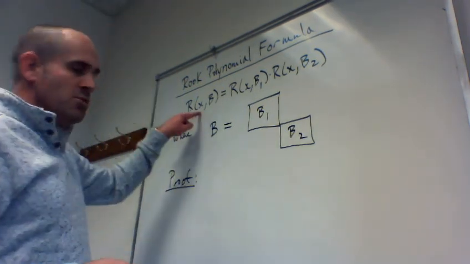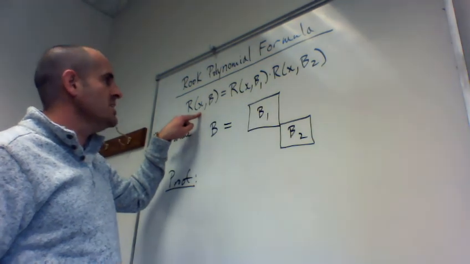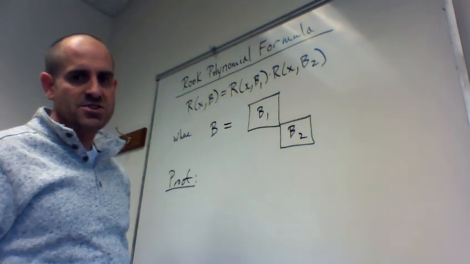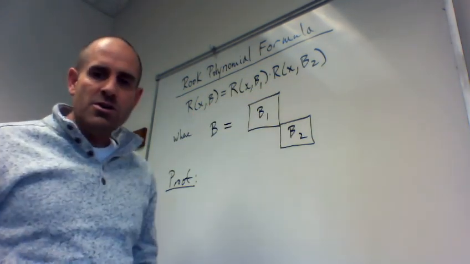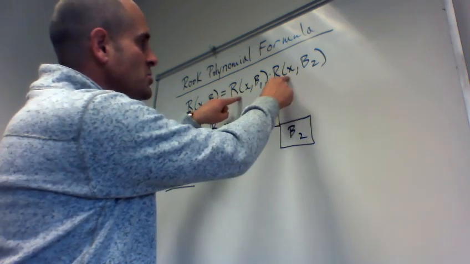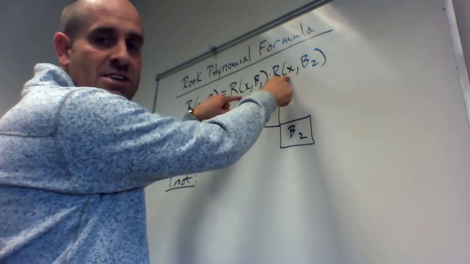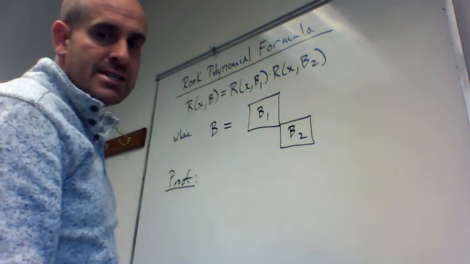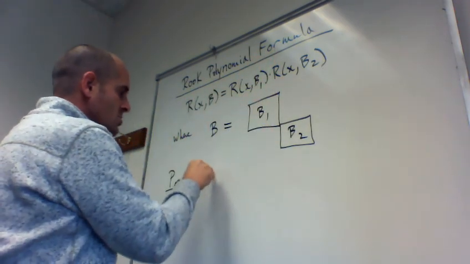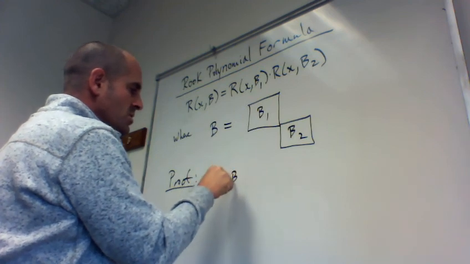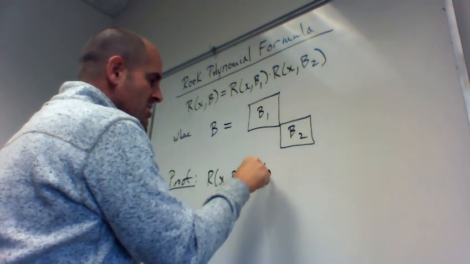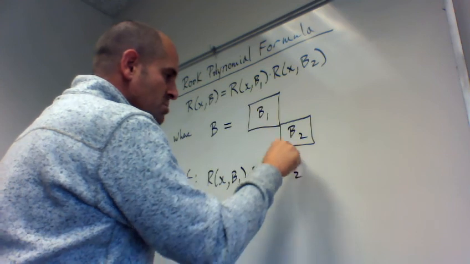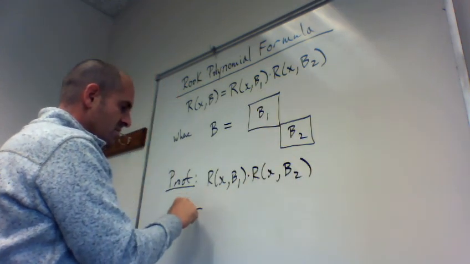All right, so we want to prove that the Rook polynomial for B is the product of the Rook polynomials of the subboards. Well, the way we're going to do that is we're going to just multiply out these Rook polynomials and see what happens. That's it. Okay. So Rx of B1 times Rx of B2. What is it?